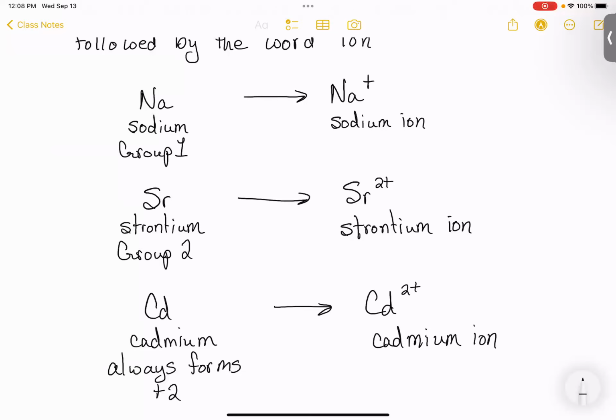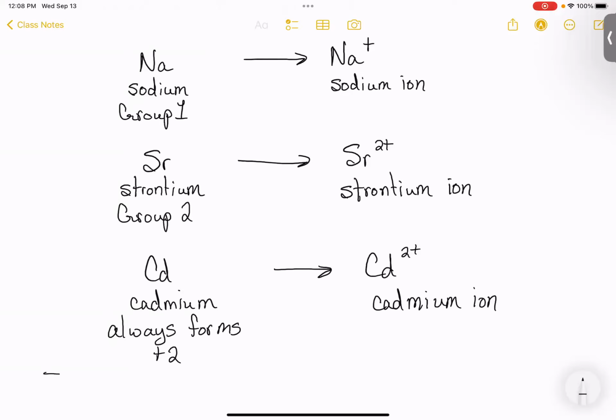So again, for metals that always form the same charge, as long as they always form the same charge, you simply name the element followed by the word ion.